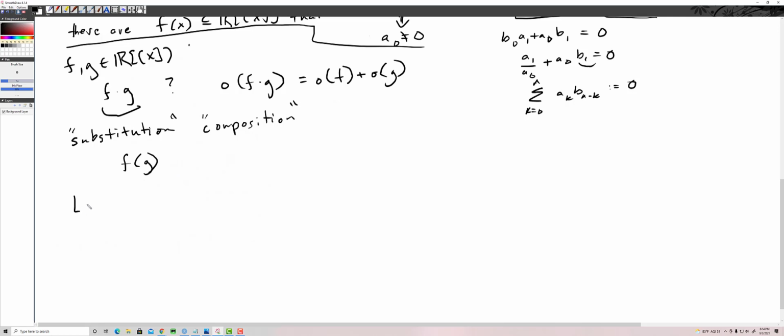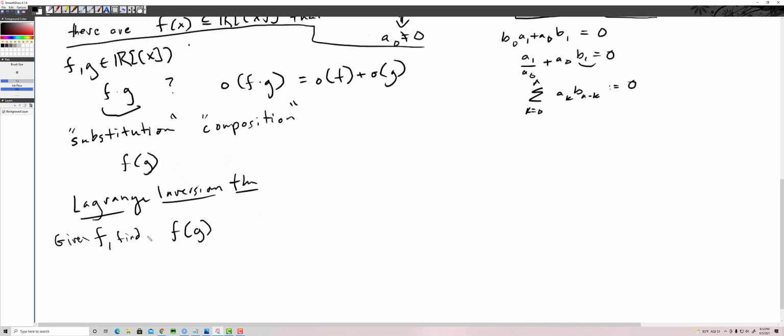And what I'm going to cover in the next video is this interesting theorem called the Lagrange inversion theorem. And it's a way of finding, given f, find g such that f of g is x. So in other words, f and g are compositional inverses.